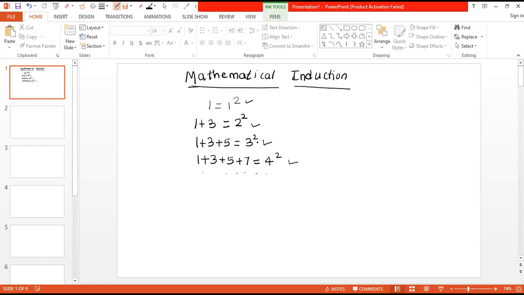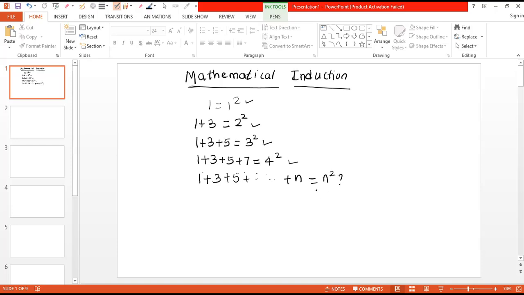If I add 1 plus 3 plus 5 and so on up to n, is it always equal to n square?